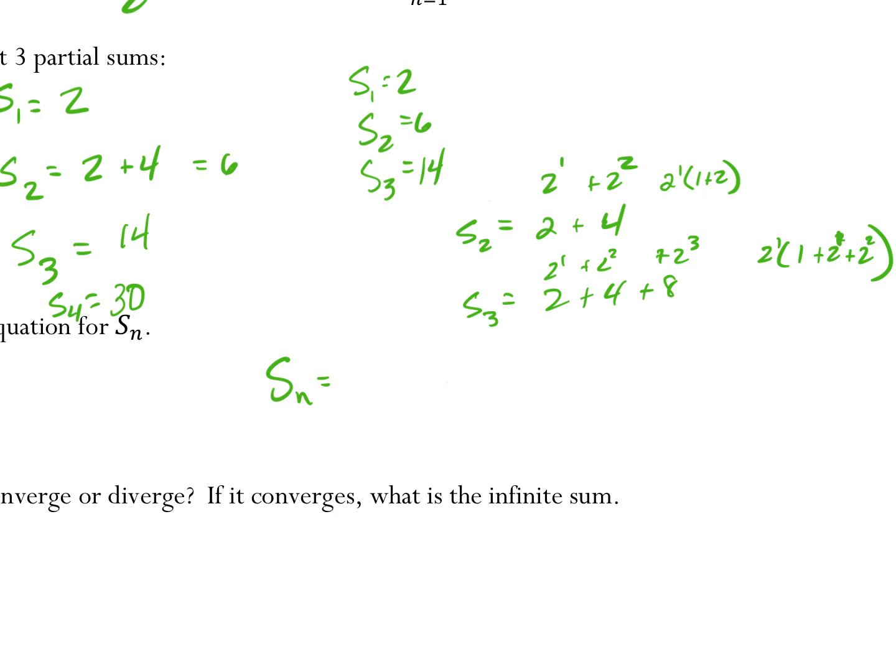I'm just thinking that this is going to show up in a test. Well, on the test, we're going to learn a total of, I think, 9 different tests for convergence. So you're not going to have to map out S sub n.